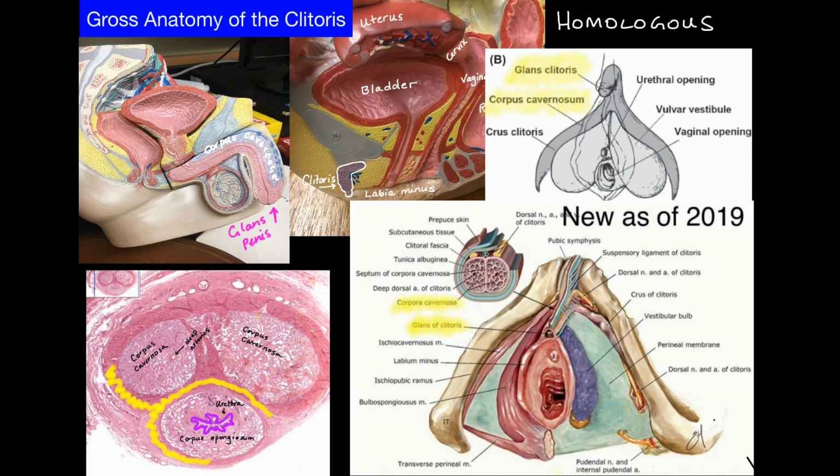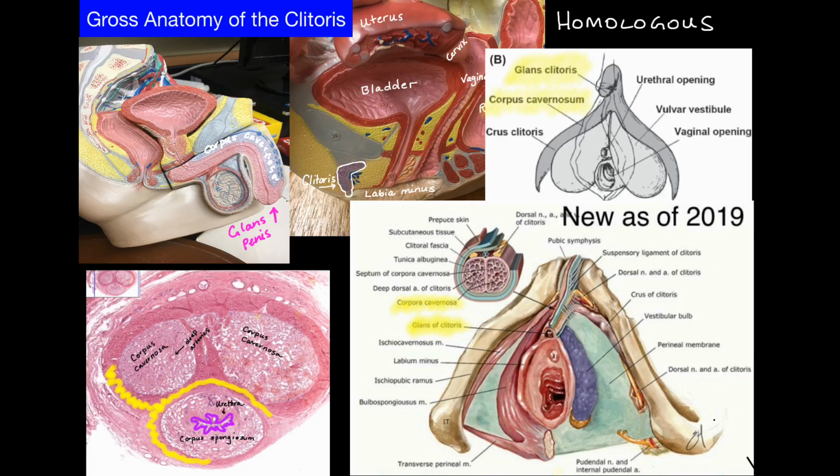So it's interesting because these are formed from the same tissues and have the same functions. It's just that the clitoris is obviously much reduced in the female, and it's not used as a copulatory organ as it is in males.